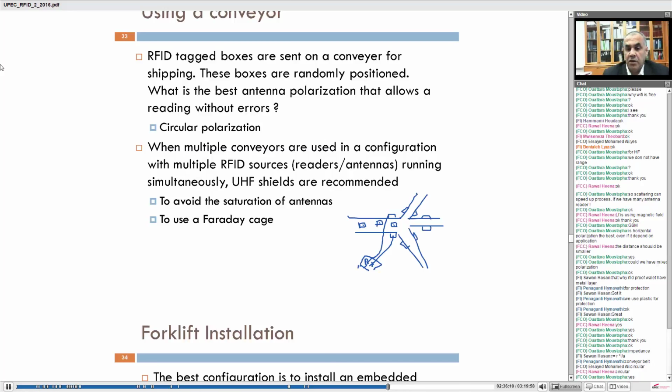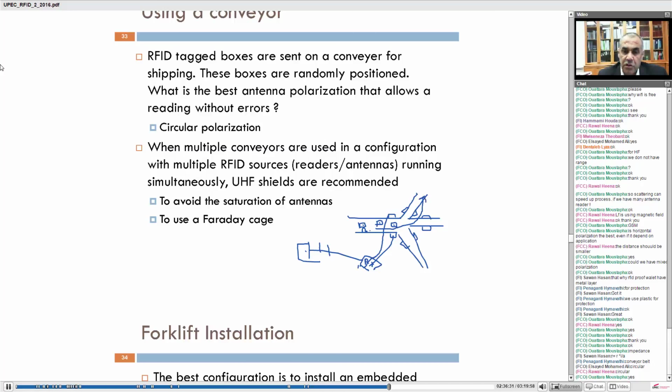I am a poor drawer. Okay, reader 1, and you have an antenna here, antenna here, antenna here. Maybe an antenna here to confirm.